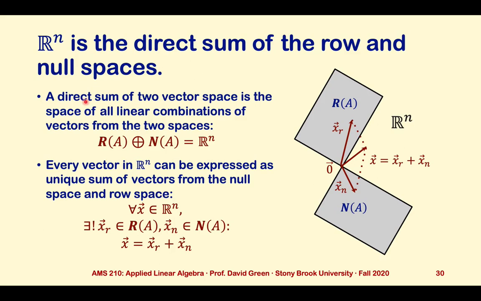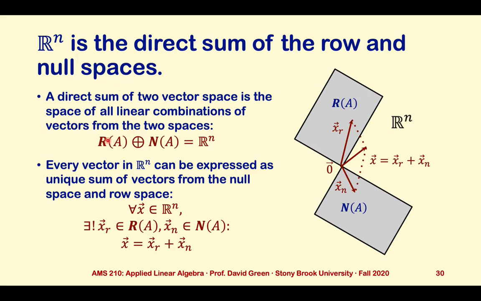A direct sum of two vector spaces is kind of an extension of the idea of a vector space itself, but using vector spaces to define it rather than vectors. Similar to the linear span of a set of vectors, a direct sum of a set of vector spaces is the space of all possible linear combinations of vectors from the two spaces.